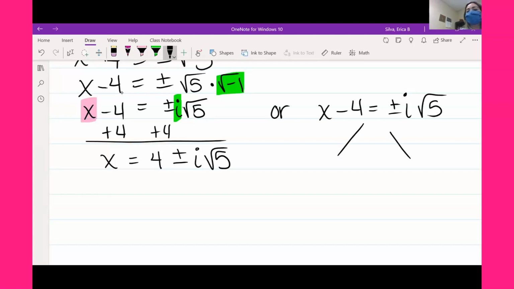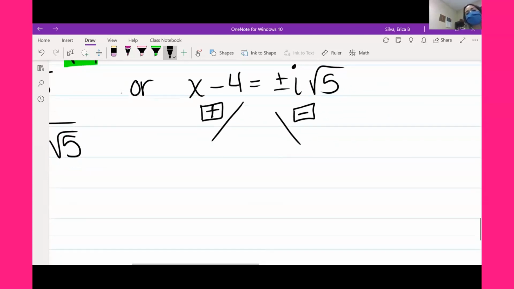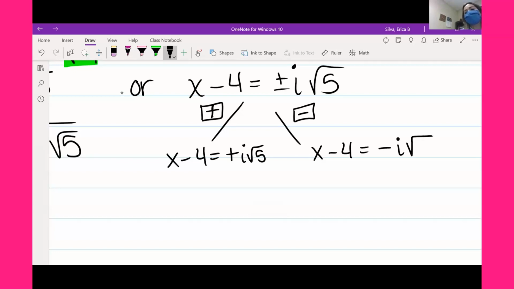We can separate it into two. One with the plus and one with the minus. So we can solve where x minus 4 equals positive i square root of 5, and x minus 4 equals negative i square root of 5.